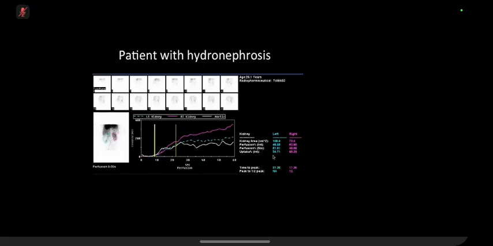Yeah. And in the left kidney, it plateaus off at approximately 25 seconds, but in the right kidney, it continues to increase. Yeah. I can't see any.